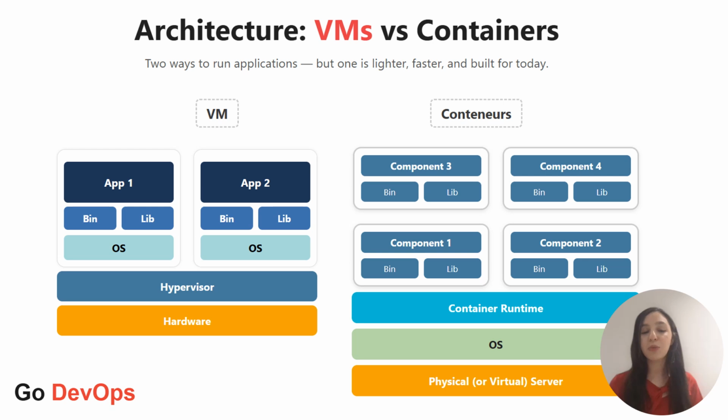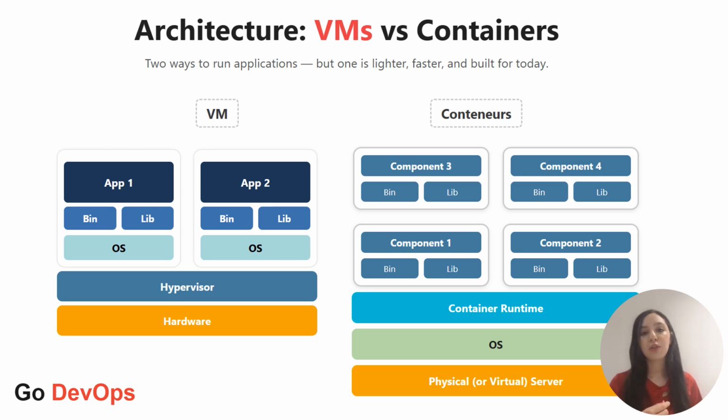And that means duplications everywhere. Each virtual machine carries a full operating system that adds weight, slows down startup time, and eats up system resources. Below all that, you need a hypervisor to simulate hardware, and that sits on the physical server.